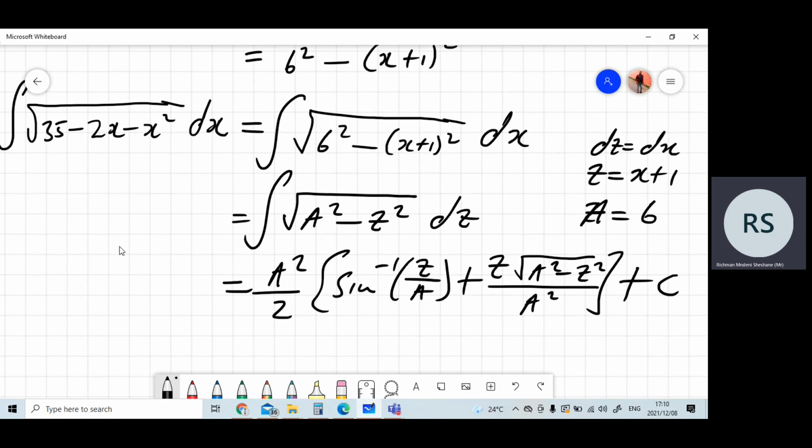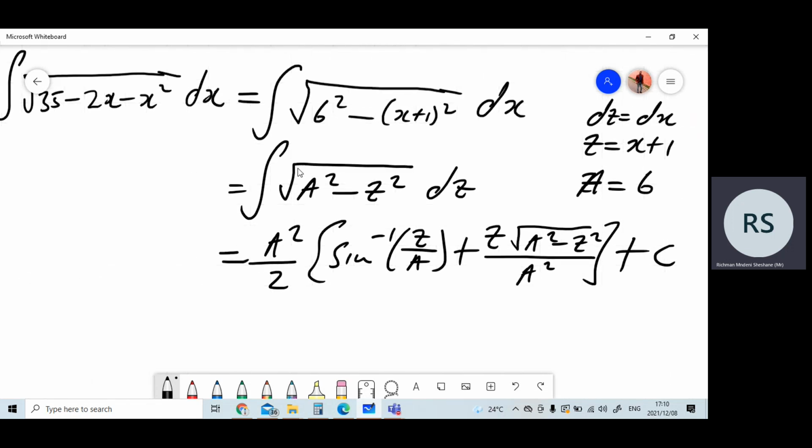So we evaluated the integral of this form, and it is this one, okay? Now that we integrated in terms of z and a, just substitute back your values of a and z.